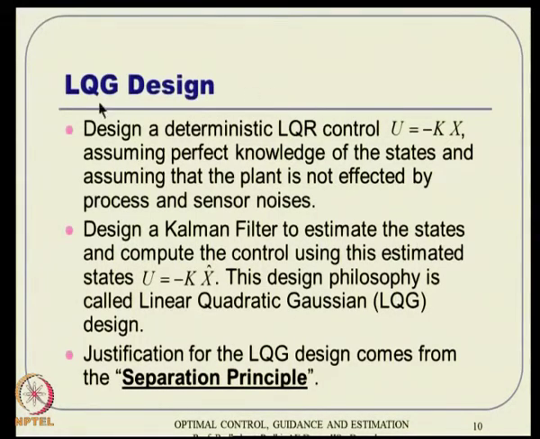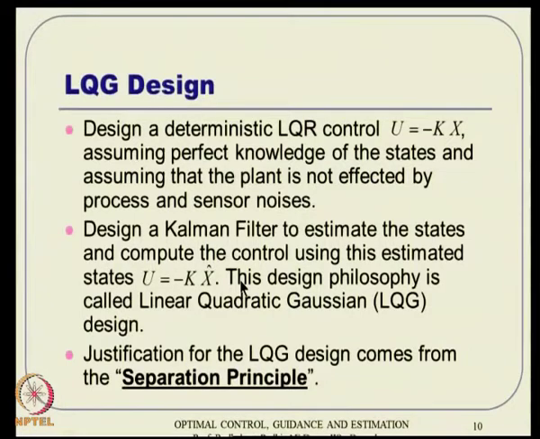So, the LQG design talks about fusing these two. It talks about designing a deterministic LQR control. Forget everything about estimation design at this point of time, do not worry about it at all. So, it assumes perfect knowledge of the state, and it assumes that the plant is not affected by process and sensor noise. Then you design a Kalman filter in parallel, and do not worry about how this control gain has come in the estimation design problem.